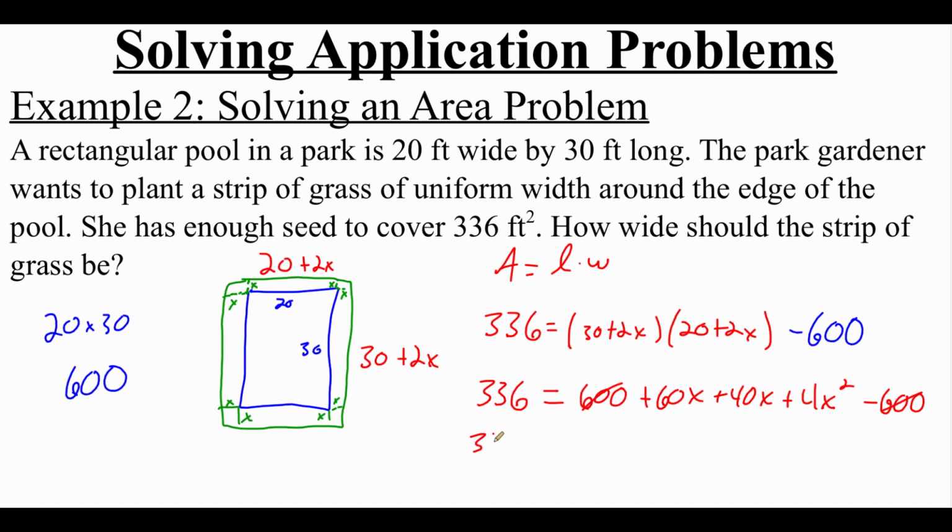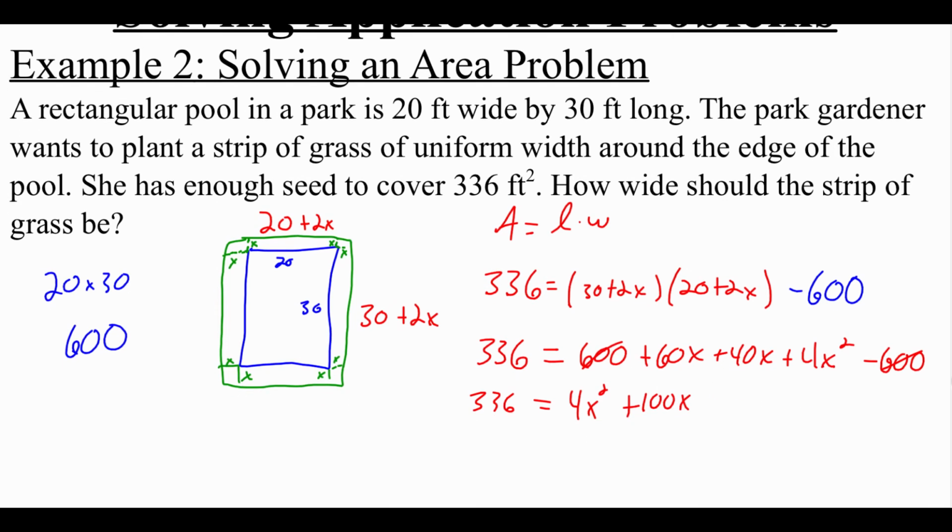So we've got 336 equals, and I'm going to rearrange the right-hand side. I'm going to pull that 4x squared up to the front, so it's 4x squared. If we combine these x's, 60x and 40x is going to give me 100x. We've got this x squared in here, meaning that we're dealing with a quadratic equation, so we want to get this equal to 0. So I'm going to subtract this 336 over to the right-hand side.